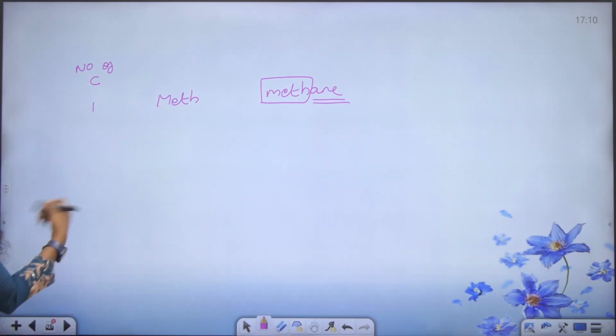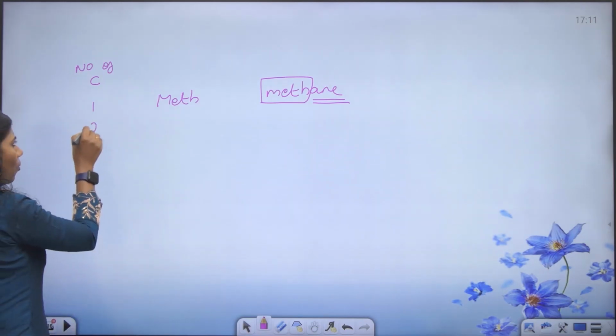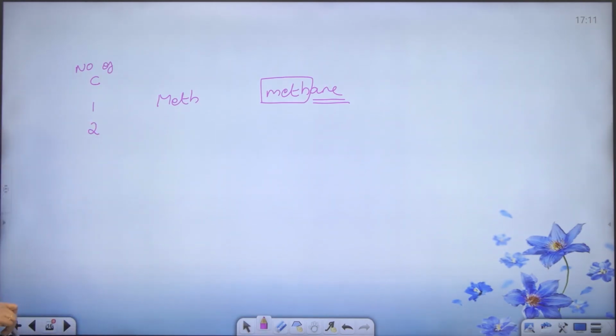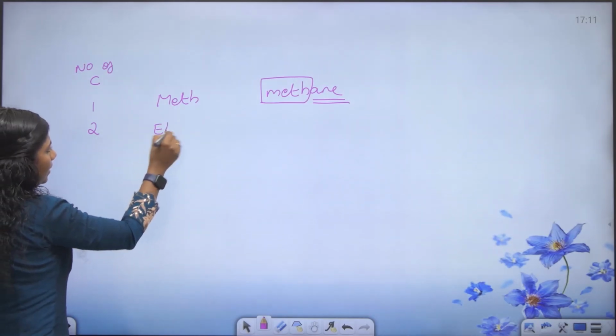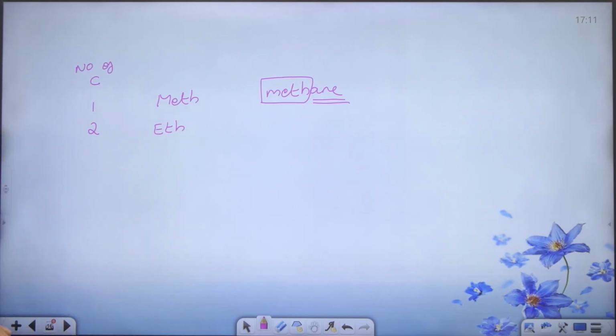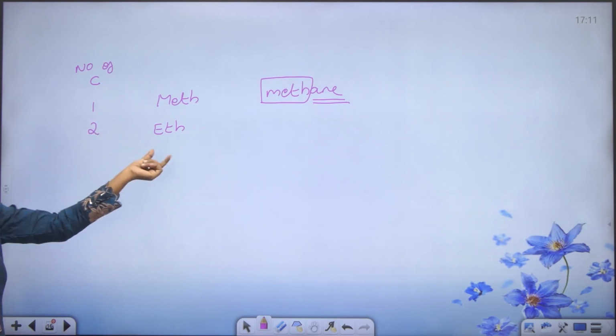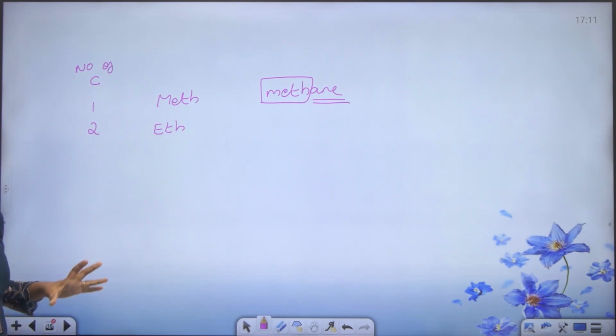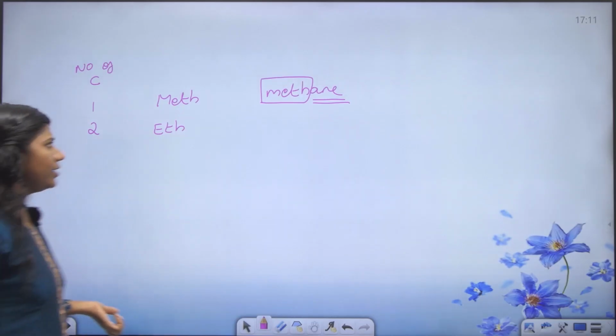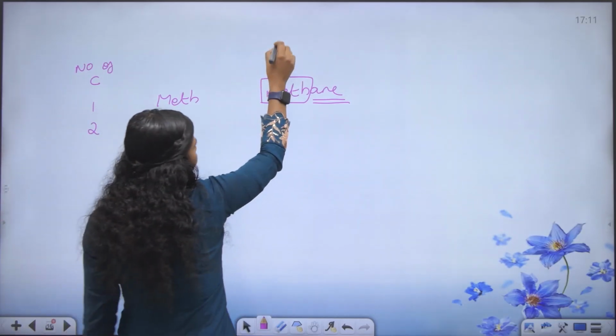And if the total number of carbon atoms present in the compound is 2, the word root is eth. If all carbon-carbon bonds are single bonds, the name ends with ANE.